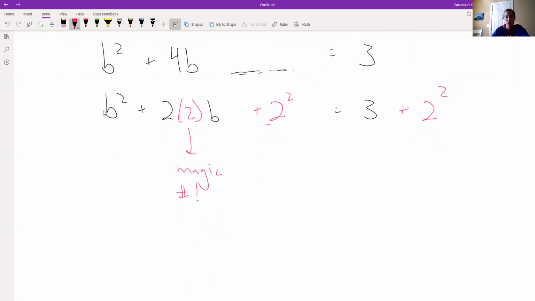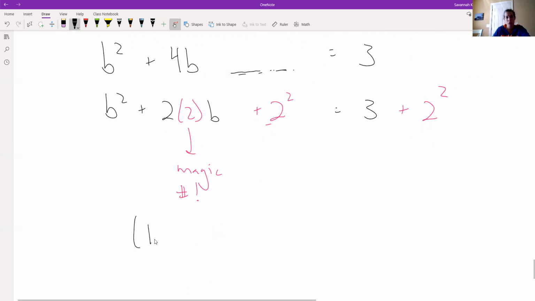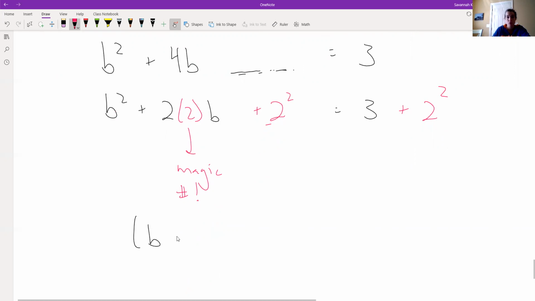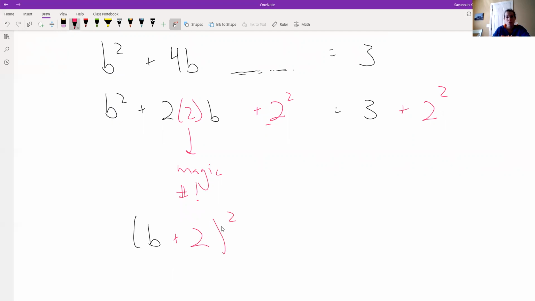I have variable squared plus 2 times the magic number with the variable plus the magic number squared. That is automatically, 100% of the time, and you could factor this out to prove it to yourself, going to turn into variable plus magic number within the second power there, and I wanted that to be black.